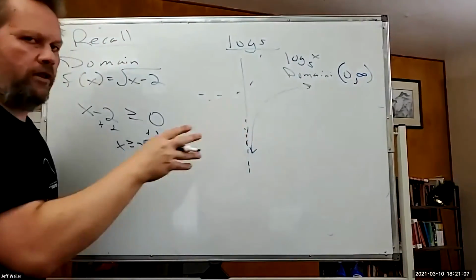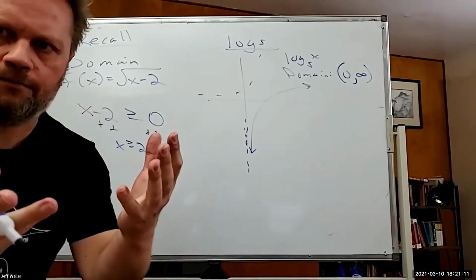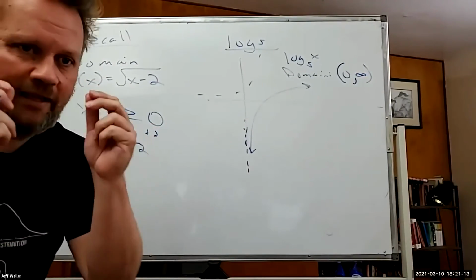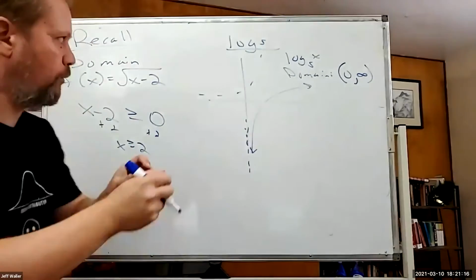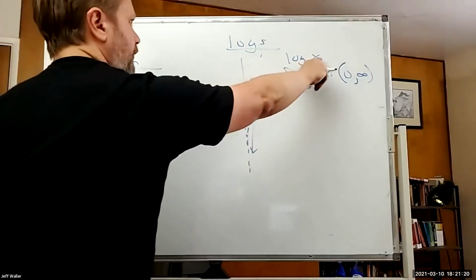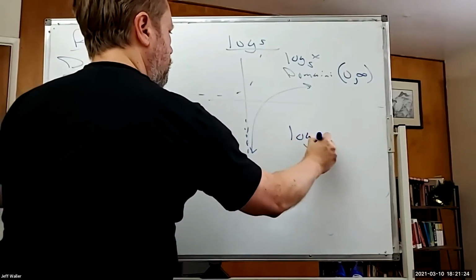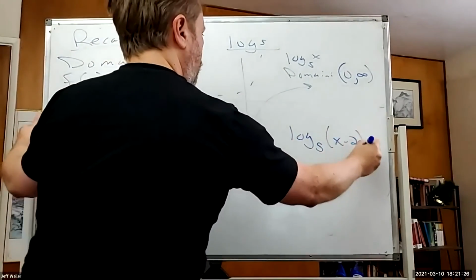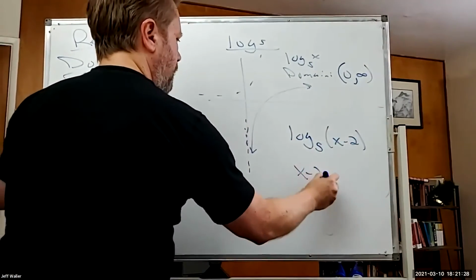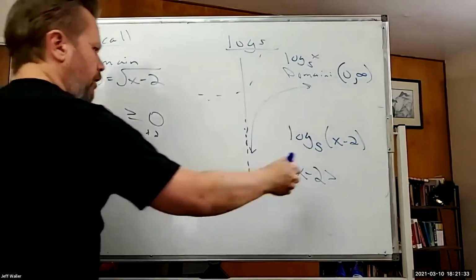So a logarithm has a lot of similarities to a radical. They're similar, but they're definitely not the same thing. So for one thing, this is allowed to equal 0. The inside of a logarithm is not allowed to equal 0. So how would I find the domain of this? What would be the difference? I would say the inside has to be strictly greater than 0. It can't be equal to 0.